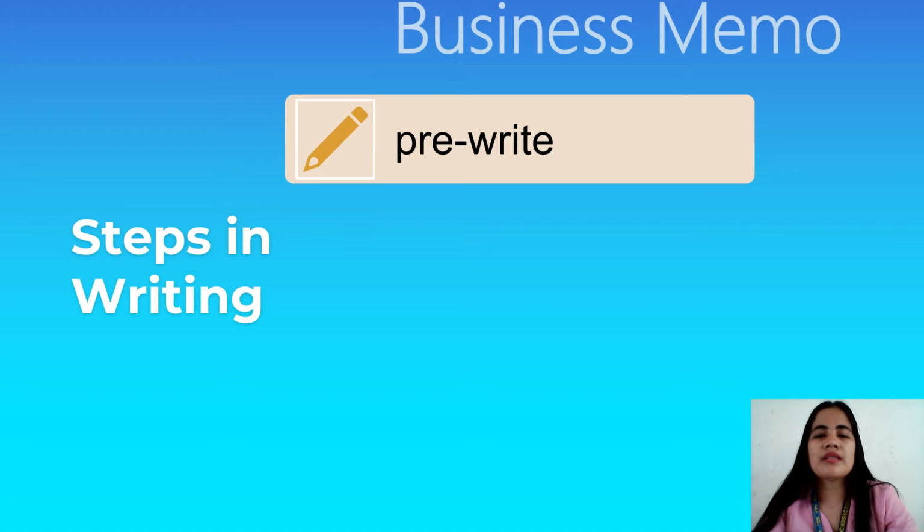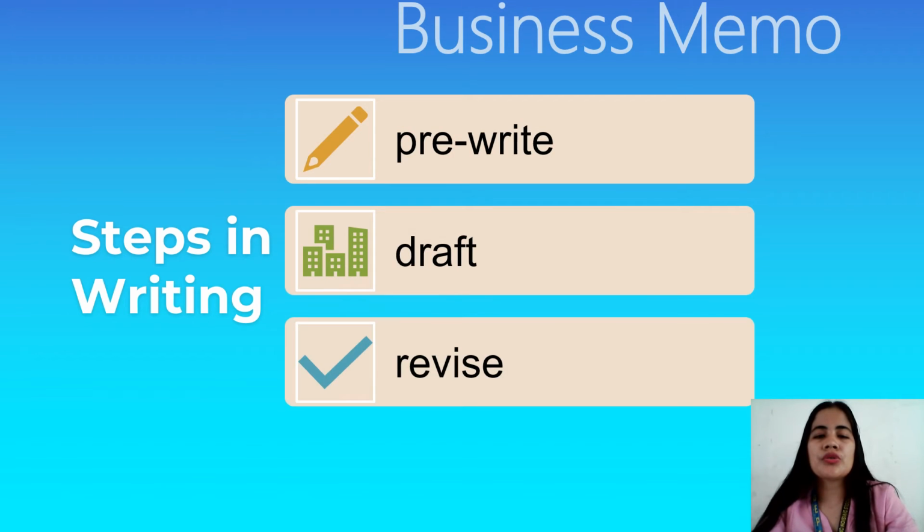So in writing a business memo, we should follow these steps. First, pre-write. Then start writing, make a draft, and after your draft, you revise: correct the capitalization, correct the use of punctuation, and also the designation.